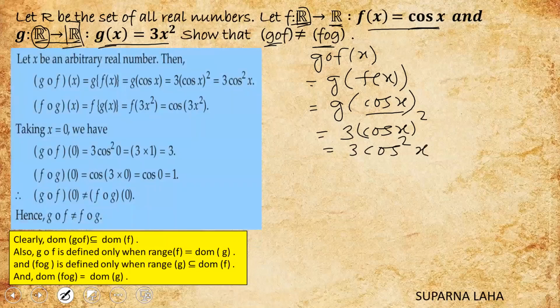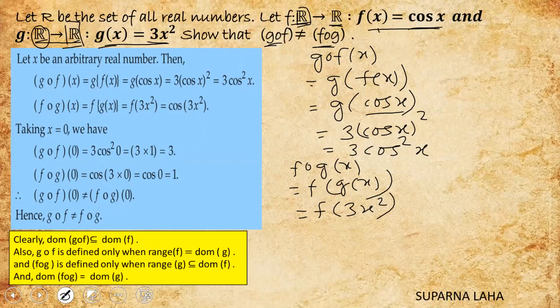Now for f of g of x. What is g of x? 3x square. So f of 3x square. Now for f, if x is the input, then the output is cos x. So if the input is 3x square, then the output is cos of 3x square.